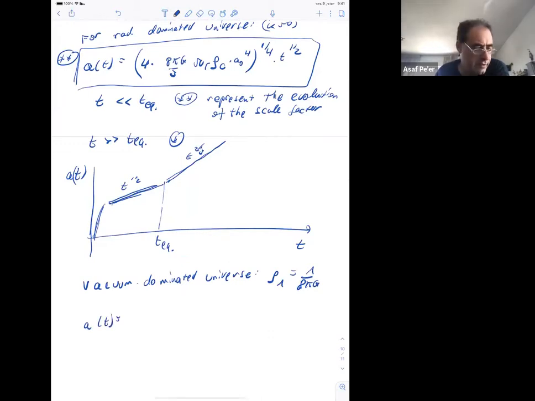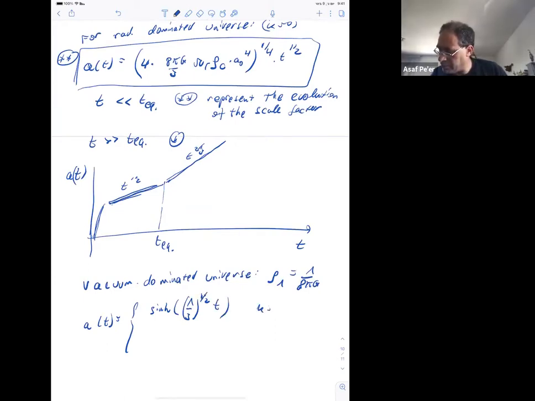A of t is just, for an open universe, sine hyperbolicus of (lambda over 3) to the power 1/2 t. I think you might even derive that at a certain point in your homework.